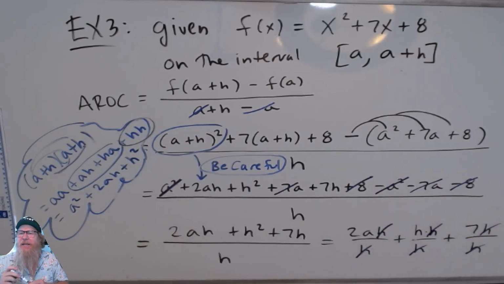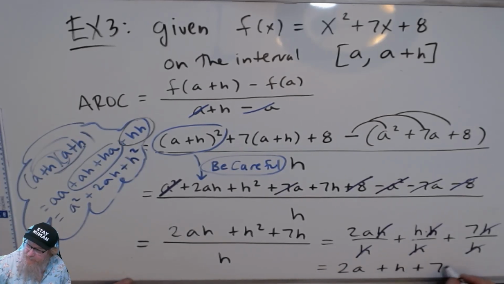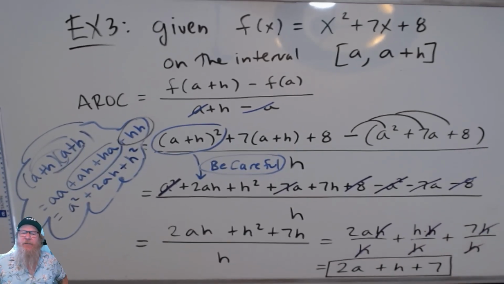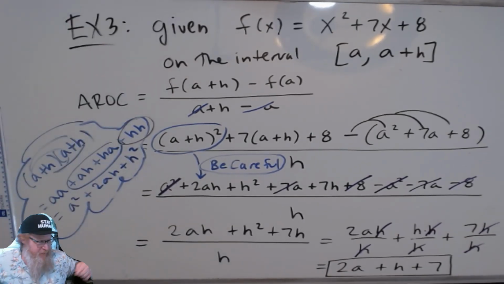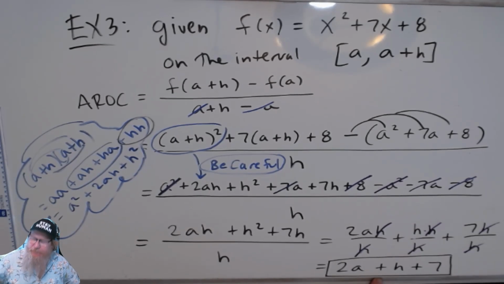I think that's an easier way to understand canceling unless you're already an expert in algebra. I mean, hopefully you're all moderately good at algebra. Probably wouldn't be taking a calculus course, but I know for myself and for many students, you actually learn algebra the best and the most comprehensive algebra when you're in a calculus class. That's when it really matters. So there you go. 2a plus h plus 7.